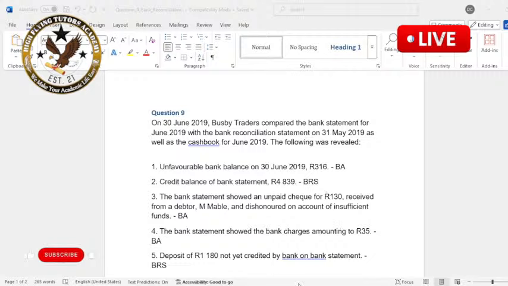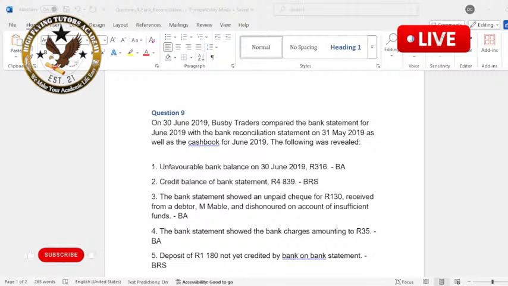Let's just go to the next transaction. The next transaction is the bank statement showed the bank charges amounting to 35 rand. So this one goes to the bank account. Obviously, as I said to you, this must be recorded on the bank account. So remember, the bank statement shows they just deduct the bank charges from you.